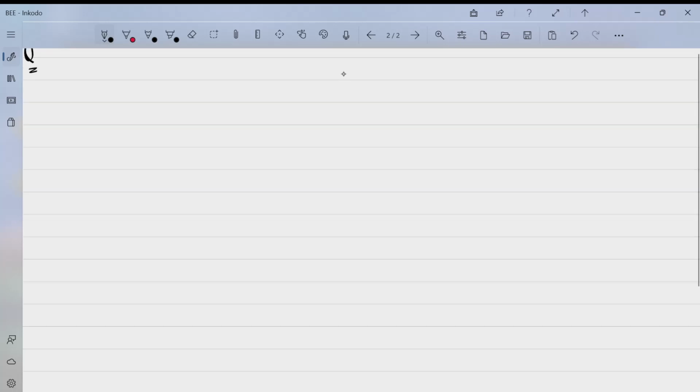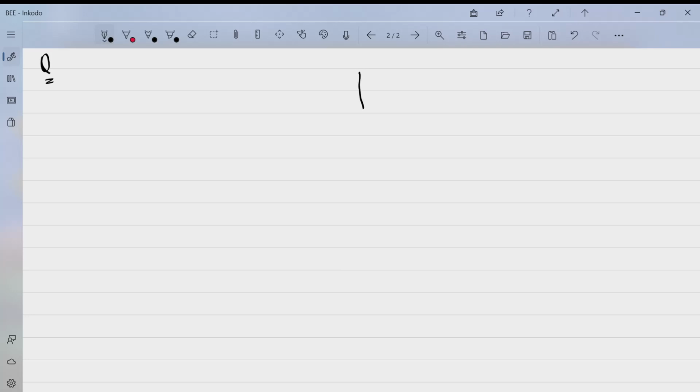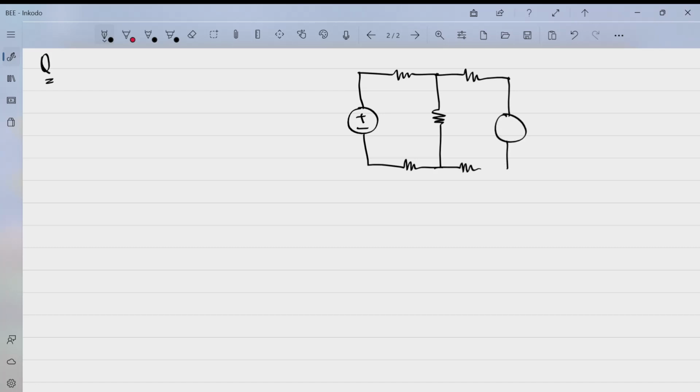Let's do this example. This is 12 ohms. So you have to solve for I1 and I2.